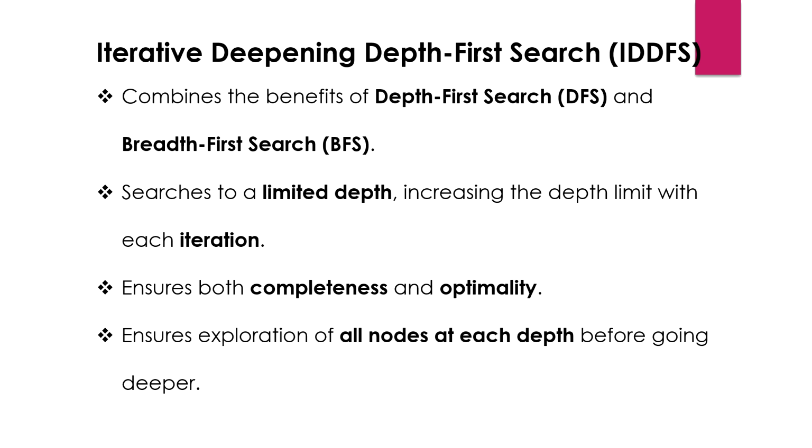That is exactly how IDDFS works. It is a combination of the benefits of DFS and BFS, and searches to a limited depth, ensures both completeness and optimality, and ensures exploration of all nodes at the depth before going deeper.